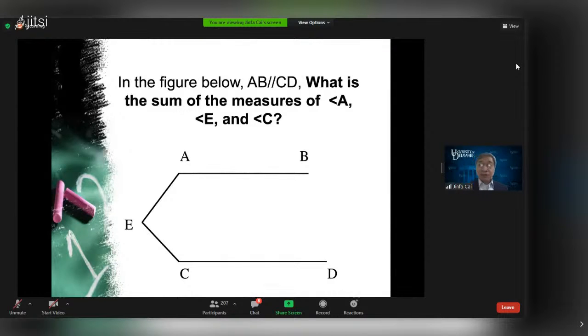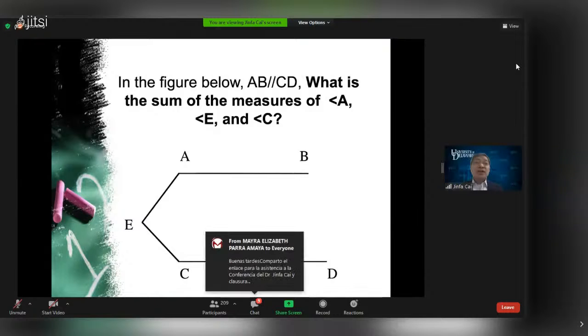Compared to the previous version, in this version the sum wasn't told to the students. Instead, students needed to try and error, make a hypothesis to guess what the sum would look like, then try to prove why the sum of three angle measures equals 360. So that's the more open kind of task here.